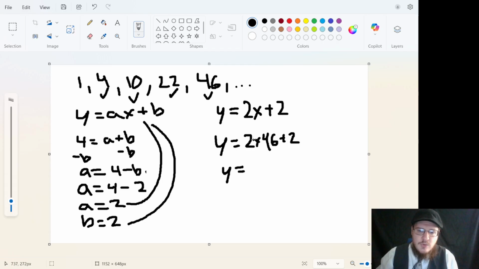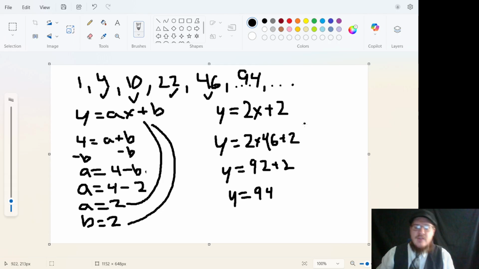That is going to give us a big ol' 92, because 2 times 6 is 12, 2 times 40 is 80, and 80 plus 12 is 92. Plus 2, we get y equal to 94.